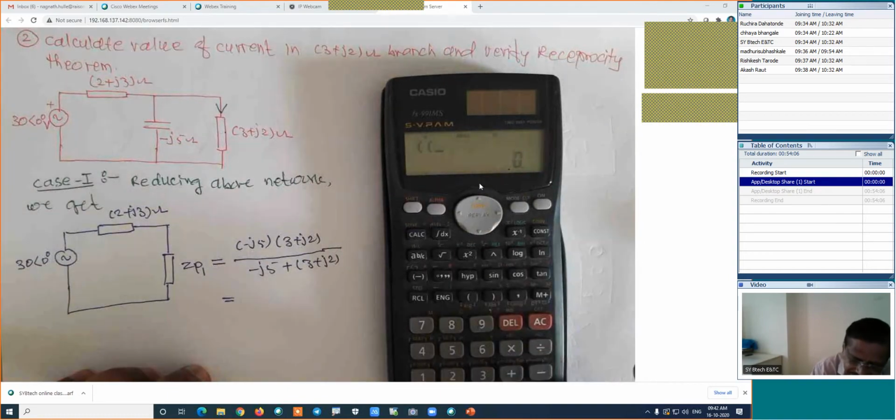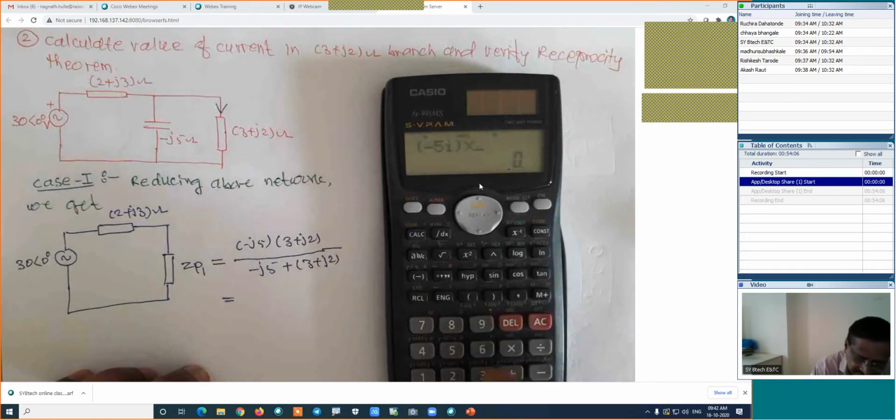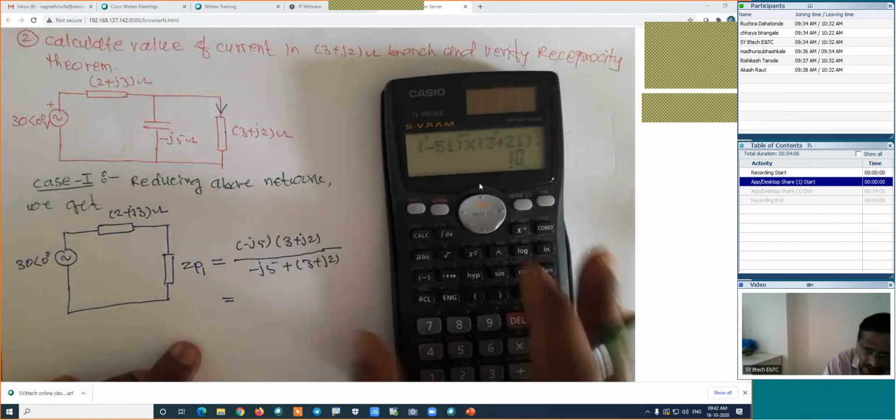Start bracket, this is minus J5, that is minus 5i, close bracket, into 3 plus J2, start bracket 3 plus 2i, close bracket, equals.